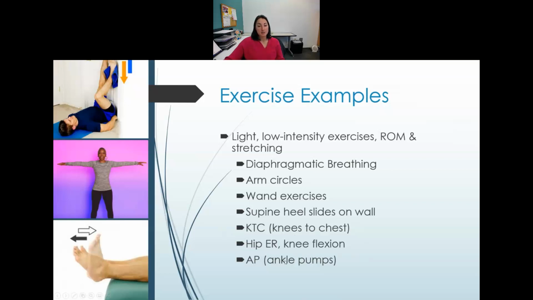Any of those are good for circulation and still low impact. If you do something high impact, you're going to actually increase some of the inflammation in the area, so you want to avoid that.